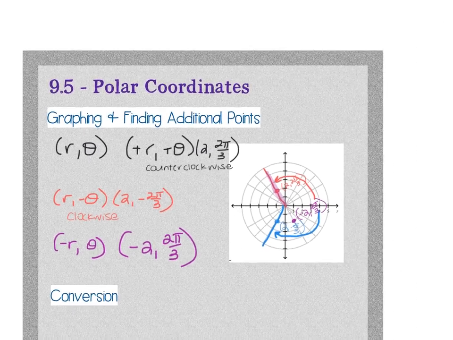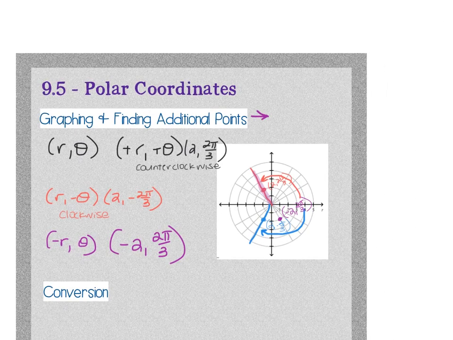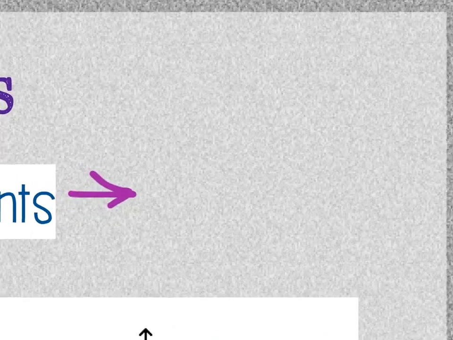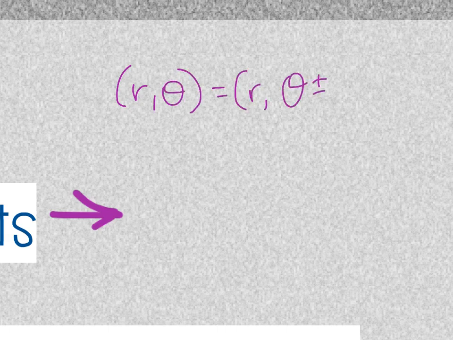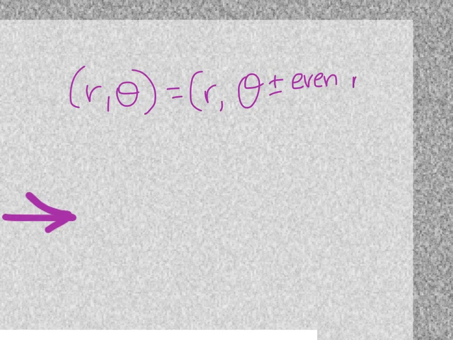Okay, to find additional points, this was the second thing that we did in that section. If you have two options, one is keep the r the same, and then take theta and add or subtract even multiples of pi. Most of the time we used plus and minus 2 pi.